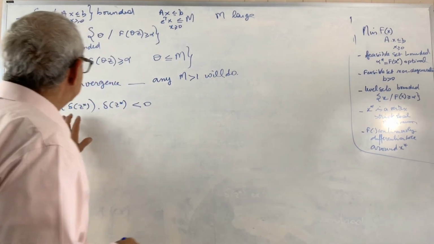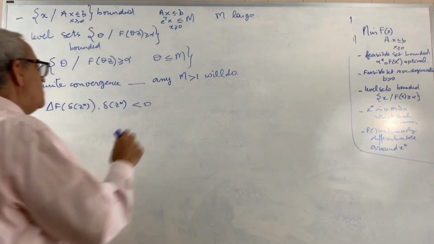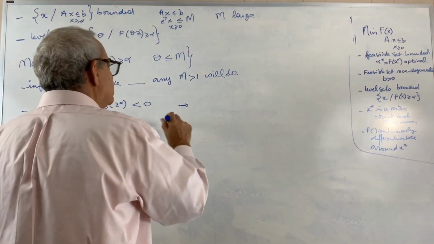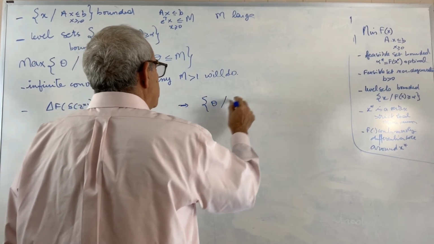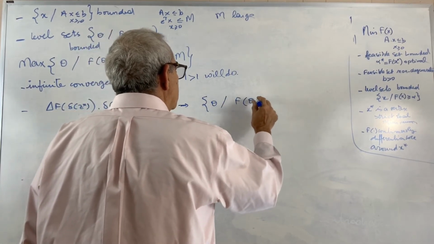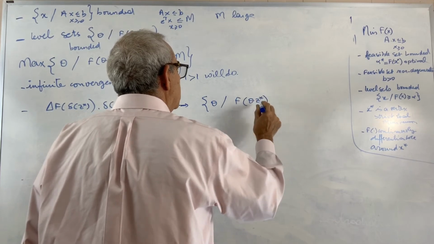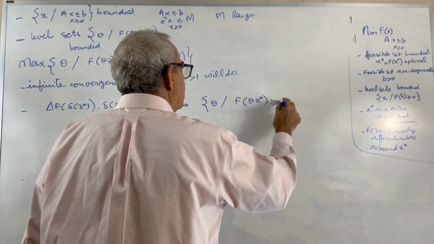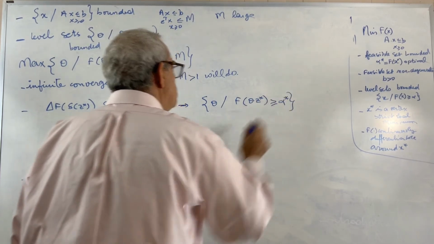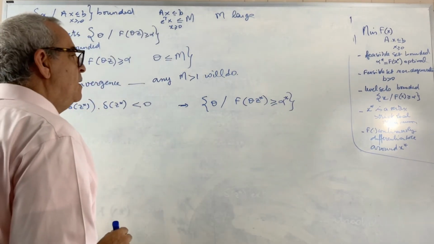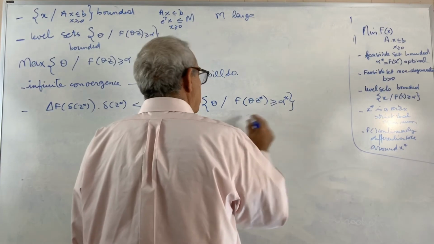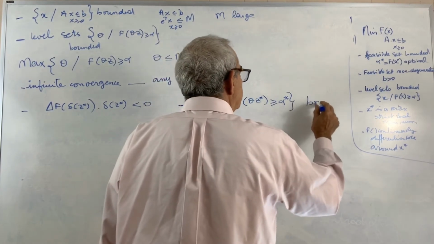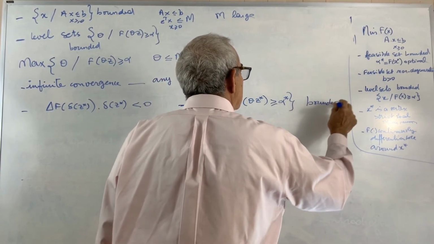Remember that. So this implies that the set of theta such that F of theta Z star is greater or equal to alpha star is bounded. Why?